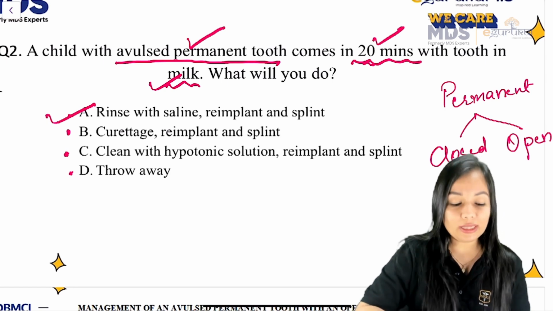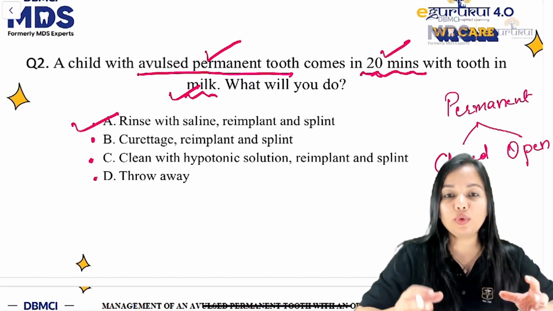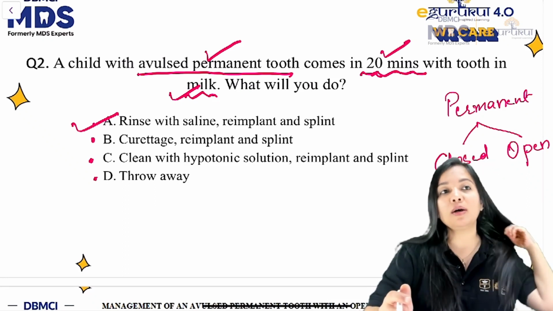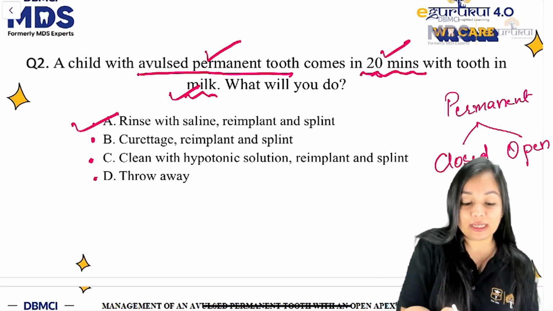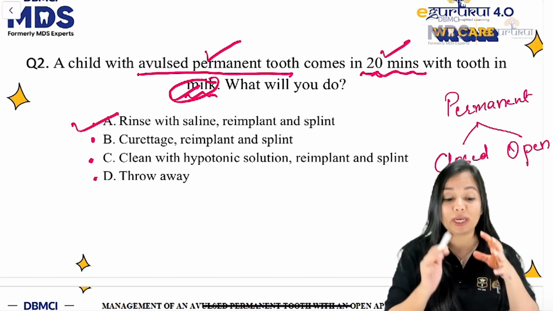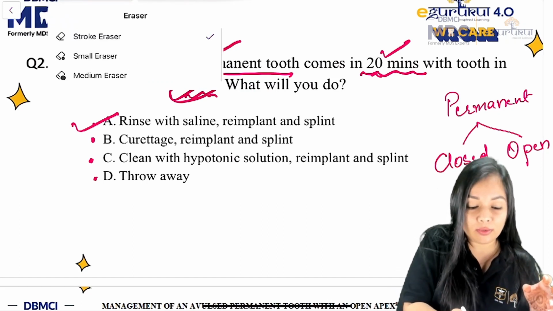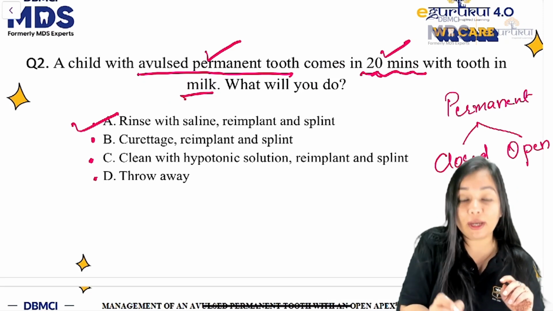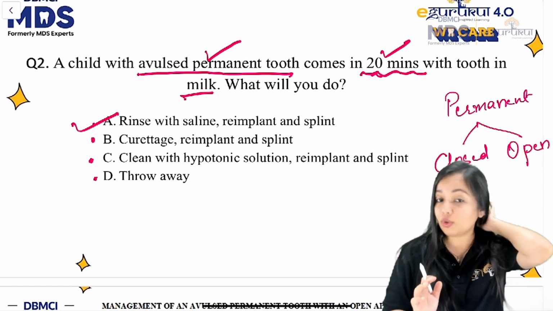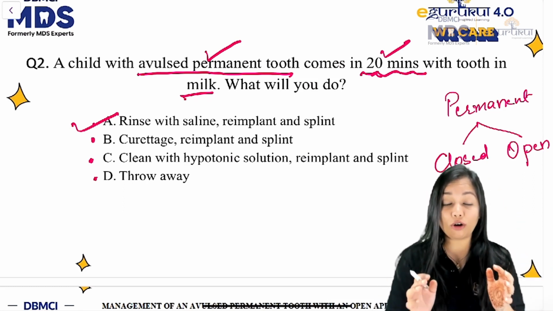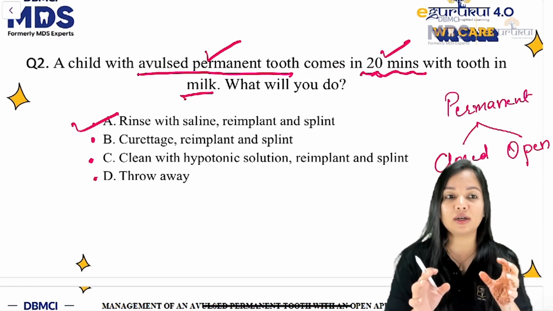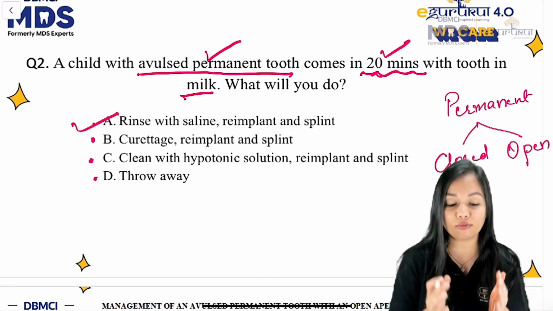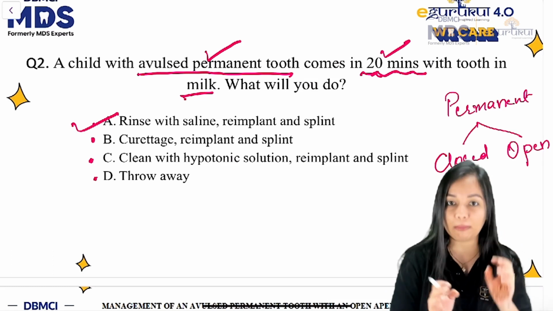Okay, so one thing, whenever you get an avulsed tooth, if the patient is getting the tooth in a biological storage media, that is milk, within 20 minutes, so that's a very great opportunity that will have a very great prognosis if the tooth is replanted back.